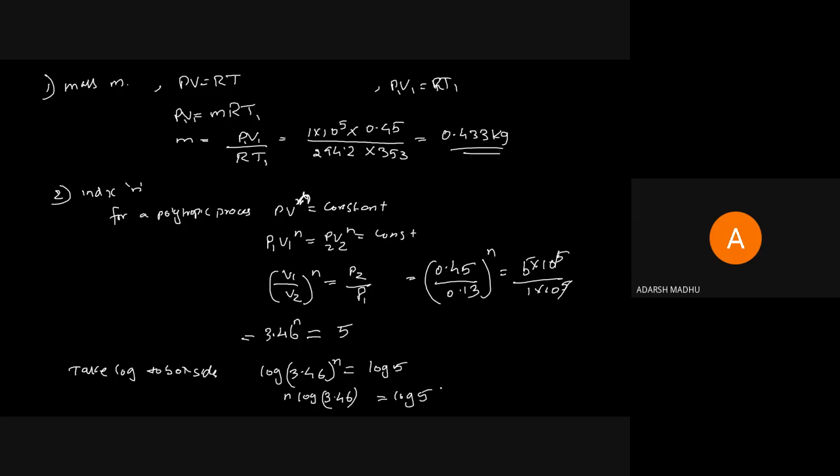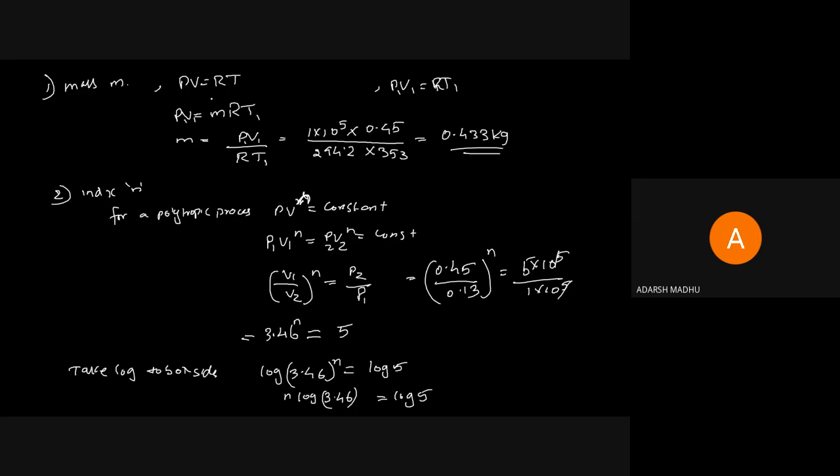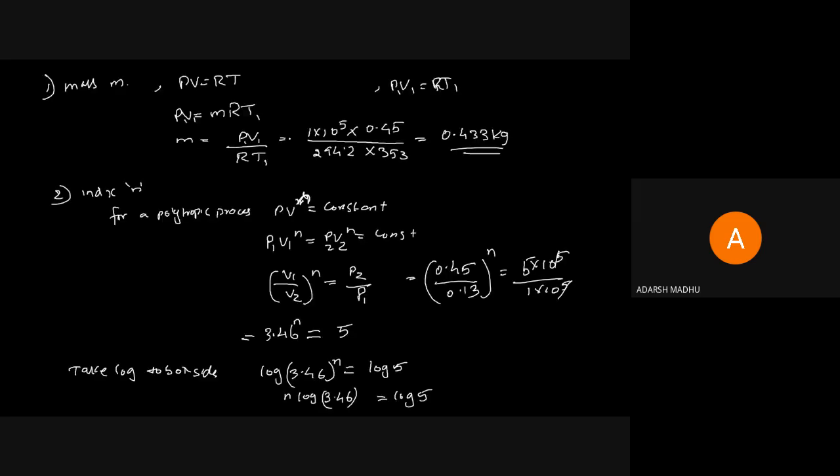Find the value of log 3.46 and log 5 from the calculator. So n equal to log 5 divided by log 3.46, right? Directly from the calculator we can find the values. So the value of n will be 1.296. Okay, everyone try it.